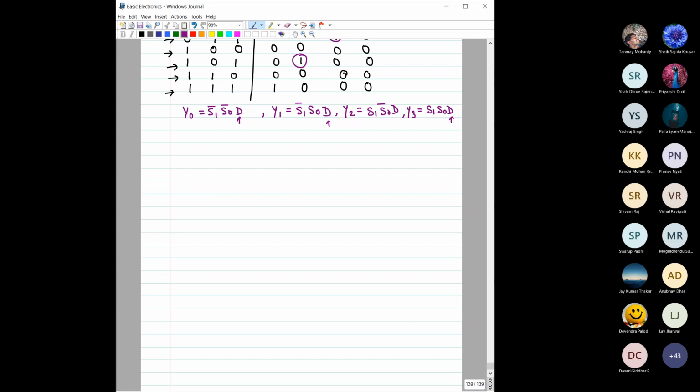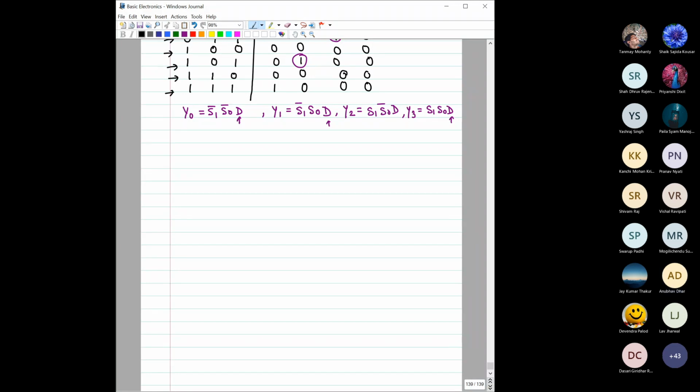Yeah, that is correct. Sir, why can't we simply use 3 AND gates and construct the circuit for every Y output? Yeah, you can use 3 AND gates, and we are going to use 3 AND gates only.